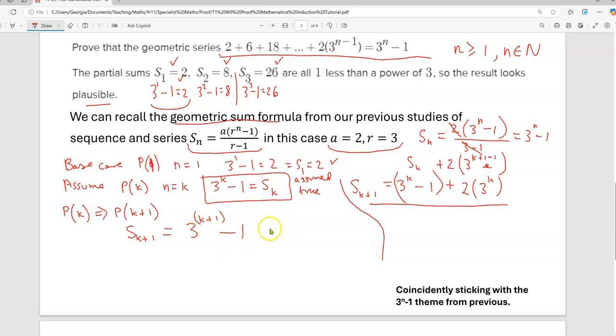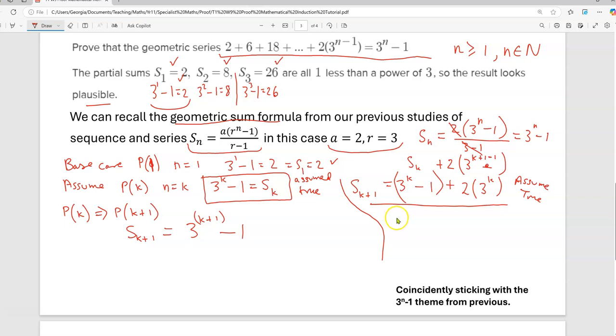Is that true? Can we use our inductive step assumption here to show that that is true? Assume true. Are we able to make that look like this one over here? I think we can. Let's have a look.